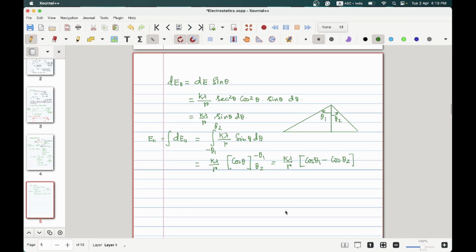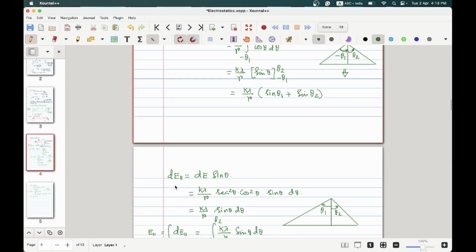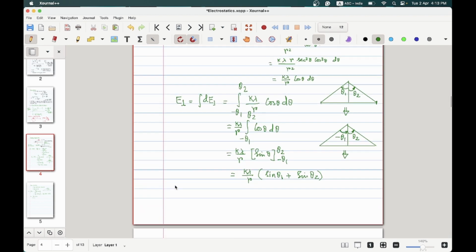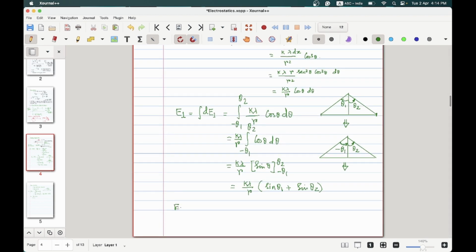Now if we want to find E parallel for theta 1 equals theta 2, then E parallel equals what? 0. And E perpendicular for theta 1 equals theta 2 equals theta, E perpendicular is what? 2 k lambda by r sin theta.